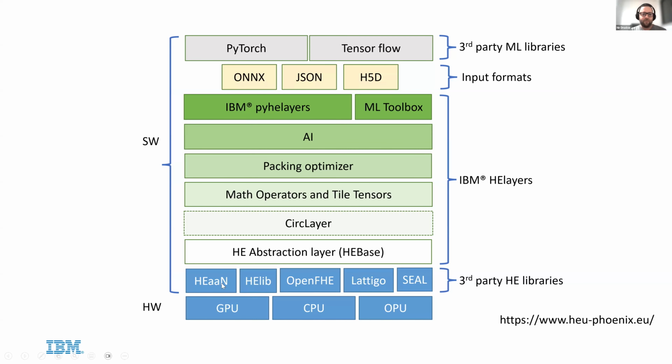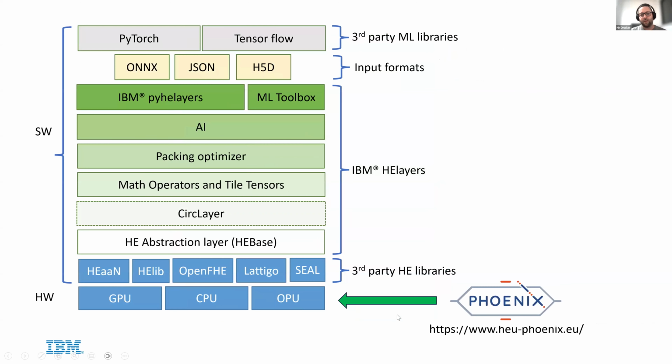In that sense, HE layers can be run on different hardware like GPUs, CPUs, and even on optical processing units, which is a cool new trend that we are working to learn and understand. Currently we are participating in a European project called Phoenix, together with companies like Optalysys, to understand how to leverage these optics to get some performance leverage.